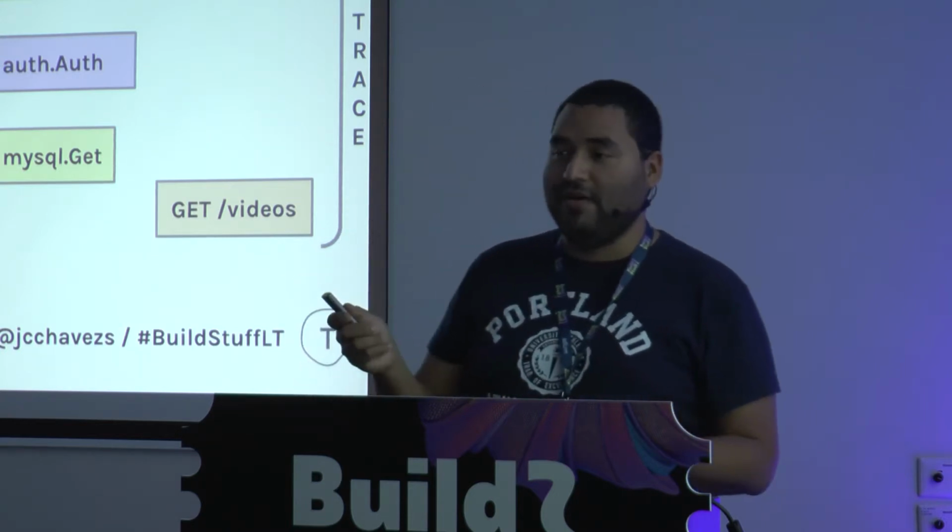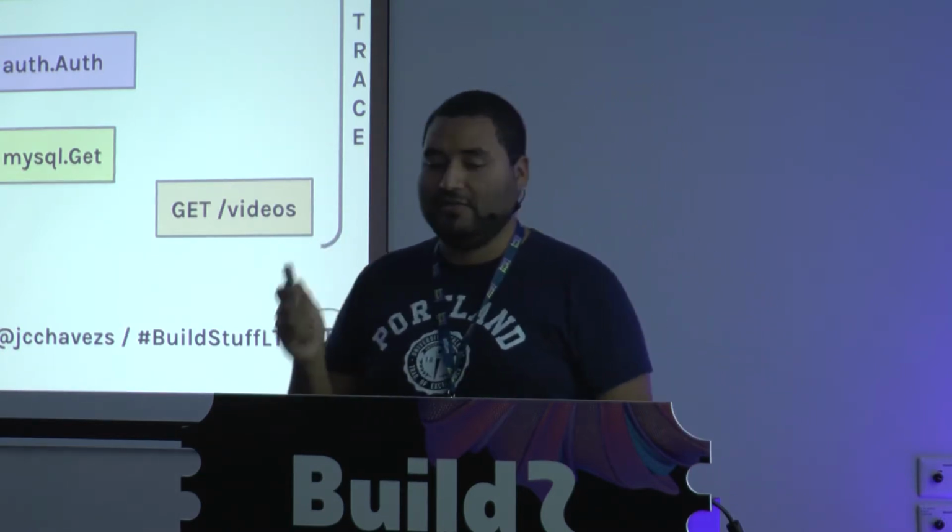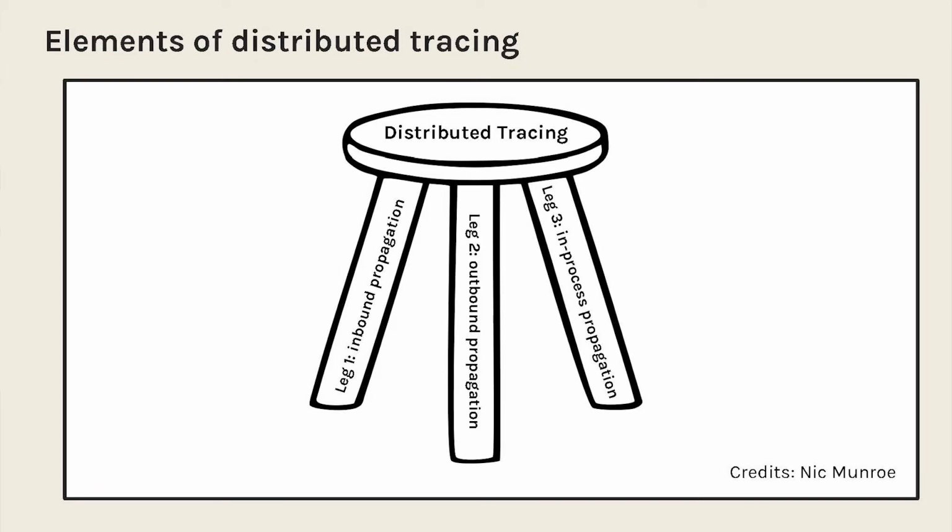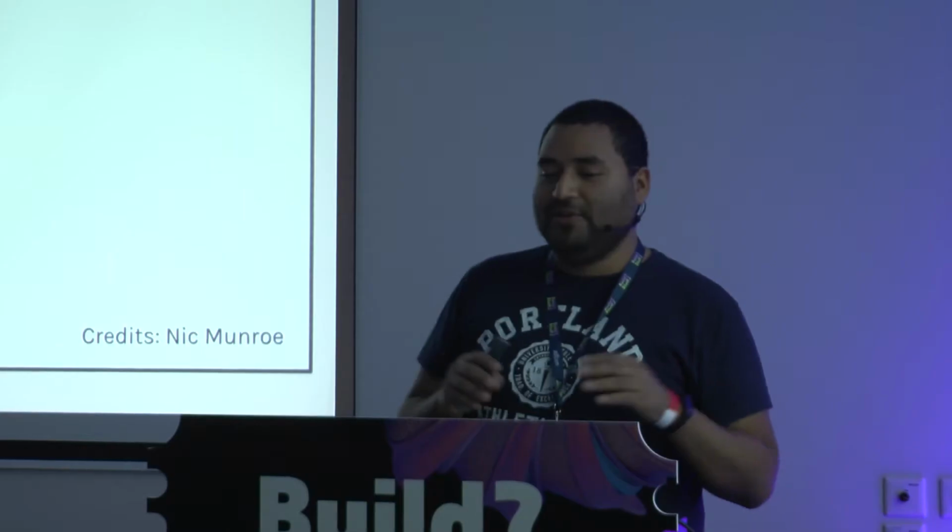So let's go now for the elements of distributed tracing. This is a very nice analogy built by Nick Munroe from Nike, the shoes company. He explained distributed tracing elements as the three-legged stool analogy.